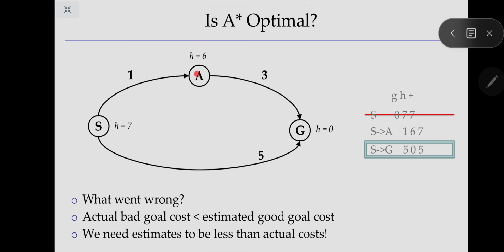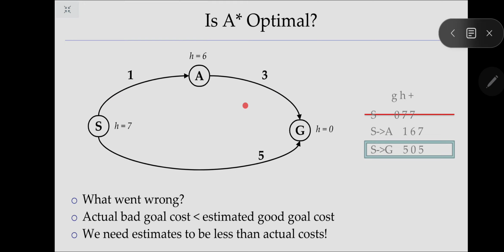Because of that, when we face such an inadmissible heuristic, we say that we are not guaranteed to find the optimal solution, as you see in this example. Again, for S, the exact cost is 4. When the exact cost is 4, in the admissible heuristic, you need to define the heuristic of S less than or equal to the optimal cost.